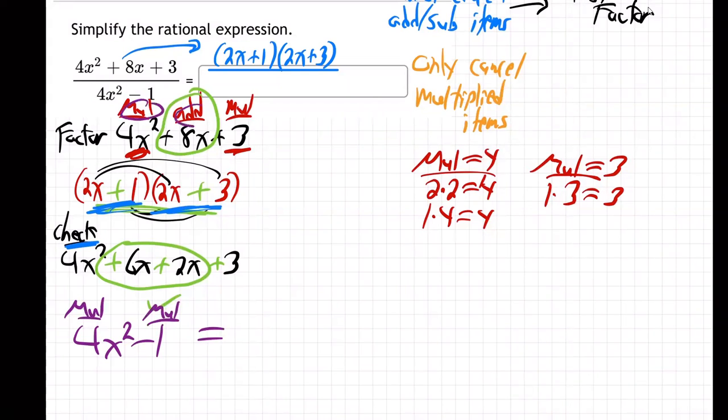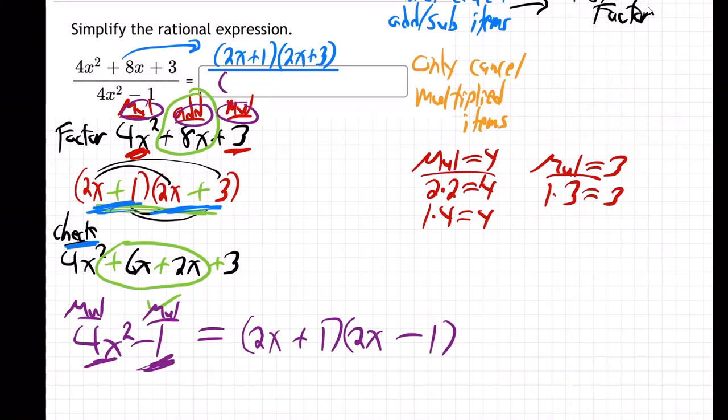So instead of multiply, add, multiply, it's just multiply. The middle one's missing, so it's a little easier. 2 parentheses. What multiplies to be 4x squared? Well, 2x. And what multiplies to be 1? You have to have 1 positive, 1 negative, because that'll make negative 1. You can check it if you want to. It's right. So we get 2x plus 1, 2x minus 1.